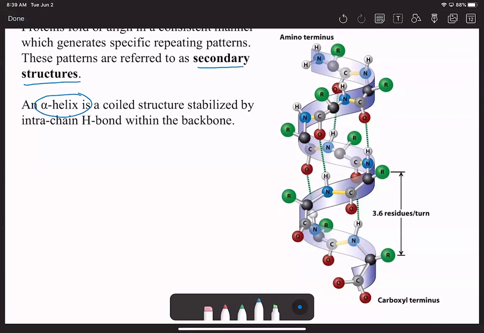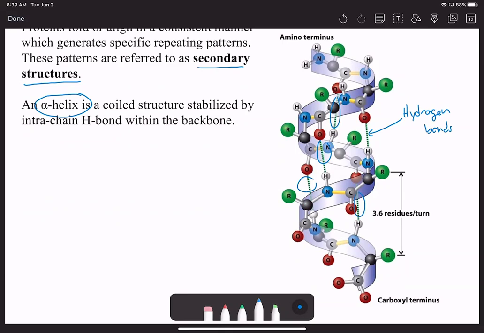And it's held together by these hydrogen bonds. All of these green dashed lines here are hydrogen bonds.